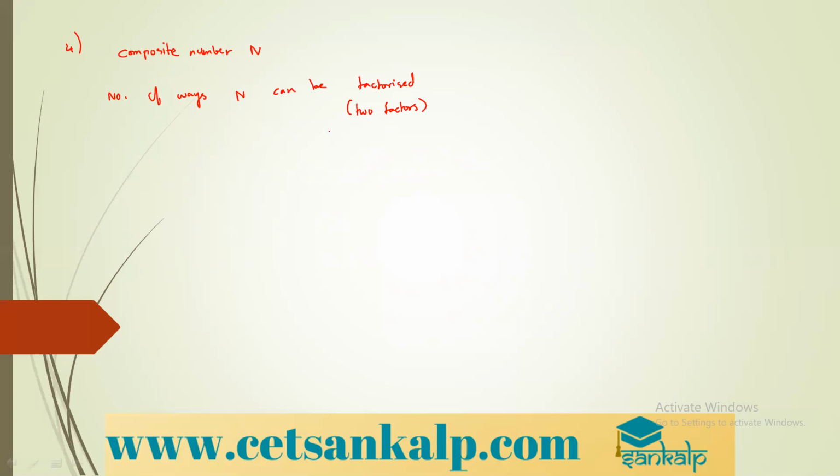And that formula is again, you will take 1/2 into K1 plus 1 into K2 plus 1 into so on, whatever Kr plus 1 is there. But remember, these K1, K2 are as I told you: P1 power K1 into P2 power K2 into P3 power K3 after prime factorization.